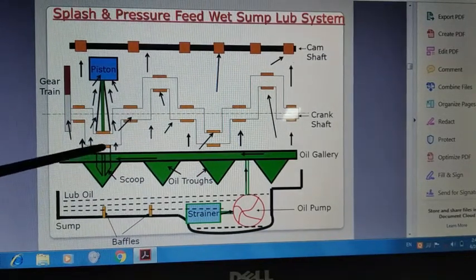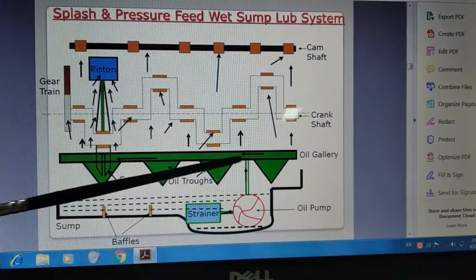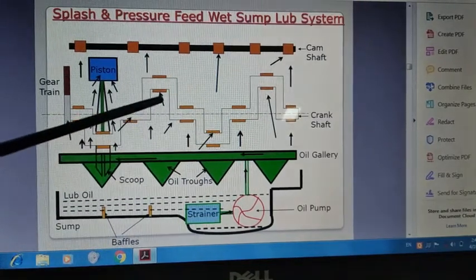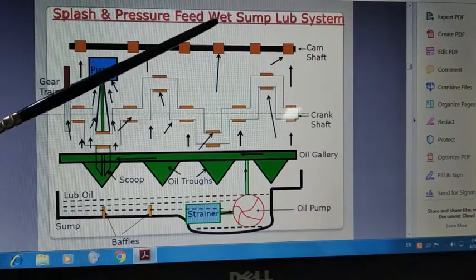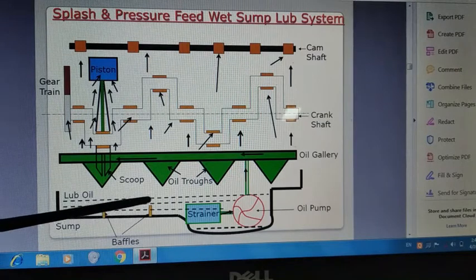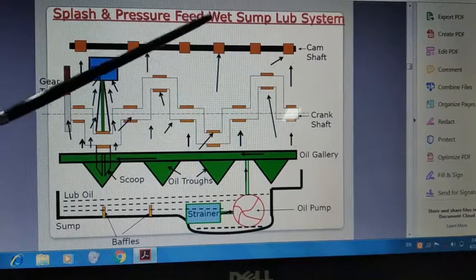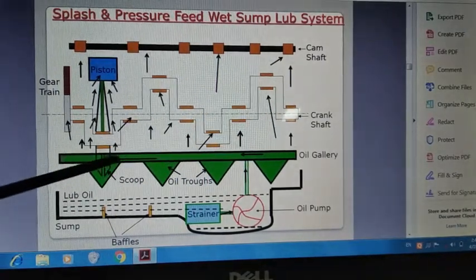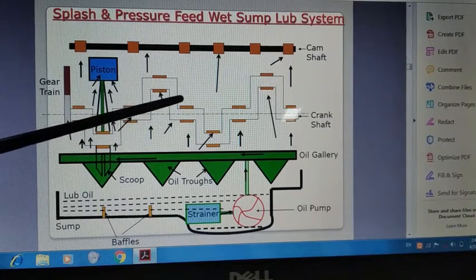As a splashing action is also used and a pressure pump is also used, that's why it is called splash and pressure feed wet sump. Wet sump means the sump will act as a tank. Lubricating oil will be stored in the sump. That's why it is called a wet sump lubrication system. So this is the first system.